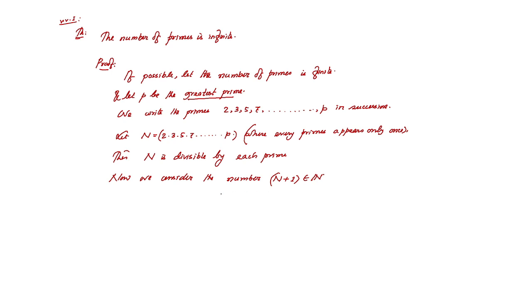Here we can say n plus 1 is not divisible by any of the primes. That means 2 into 3 into 5 into 7 up to p, that number plus 1, is not divisible by any of the primes.